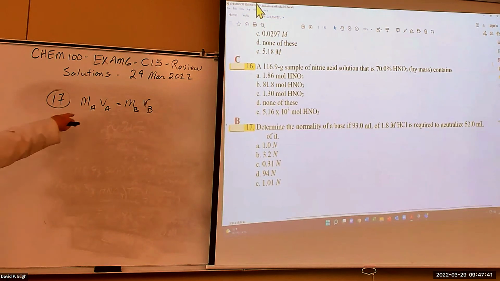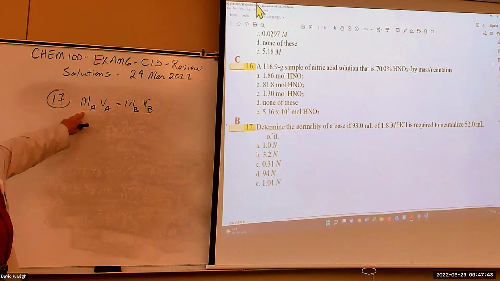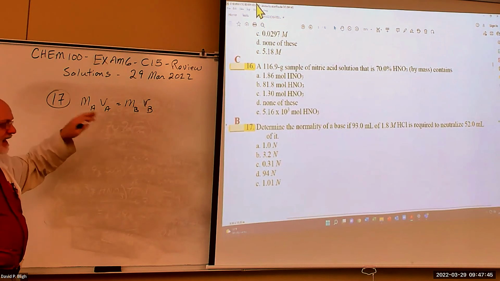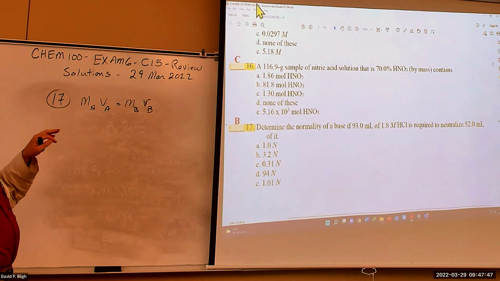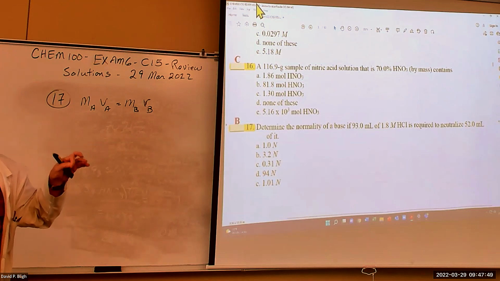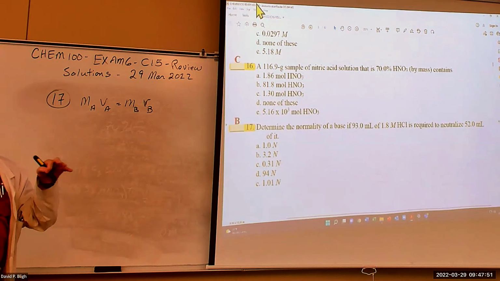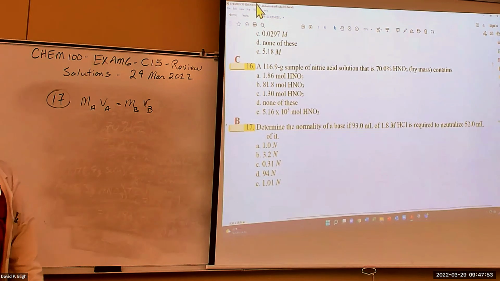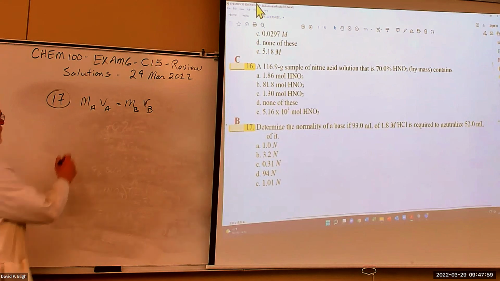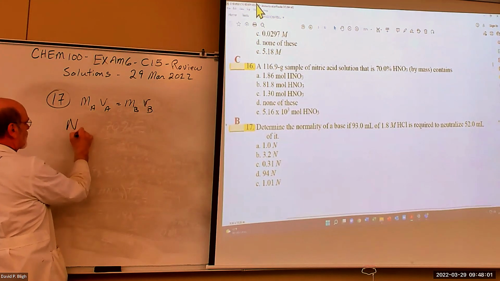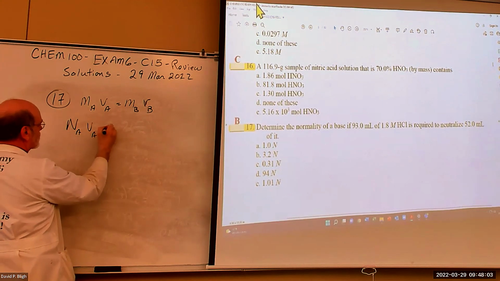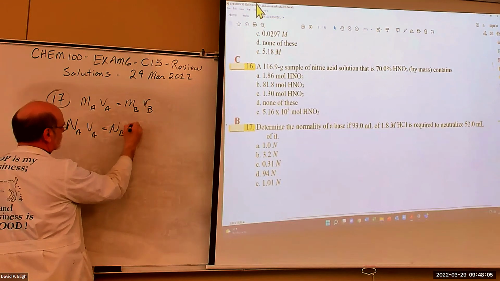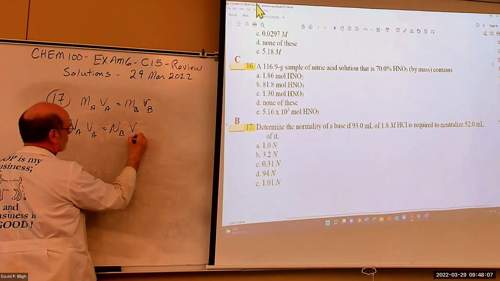Now, we can use this expression if both the acid and the base are monoprotic. Well, the acid is monoprotic and the base is monohydroxyl, but it doesn't say that. So what we have to do is say the normality of the acid times the volume of the acid equals the normality of the base times the volume of the base.